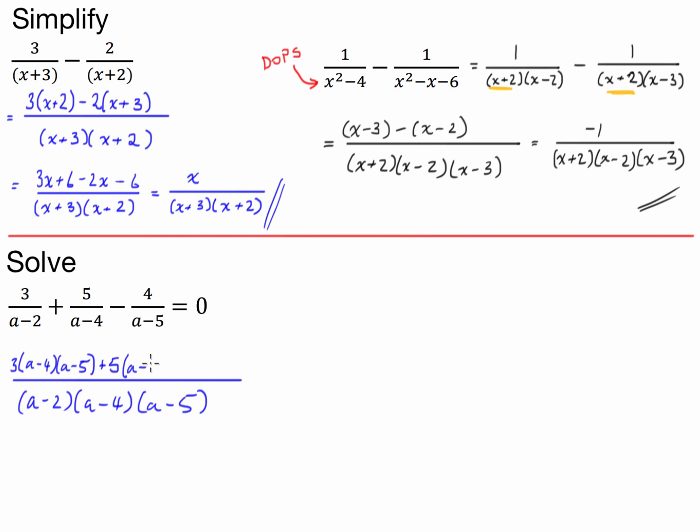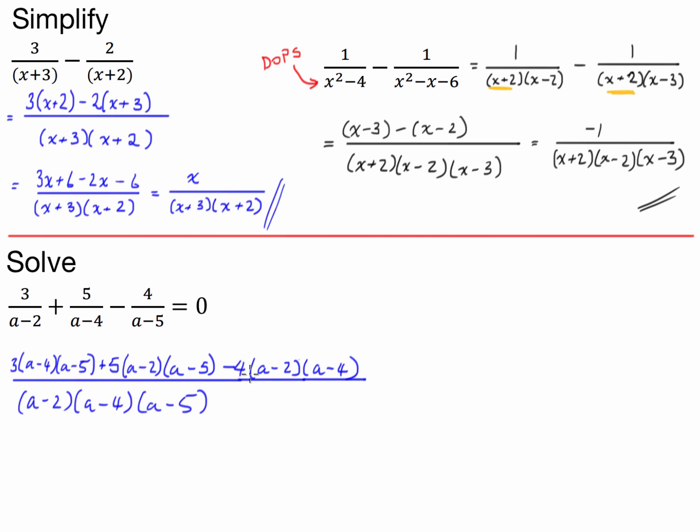So we have a minus 2, a minus 5, minus 4. Now a minus 5 had to be multiplied by these two denominators: a minus 2, a minus 4.